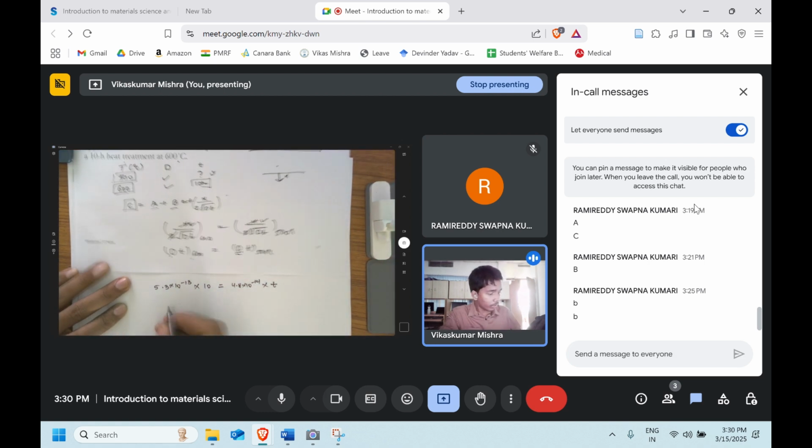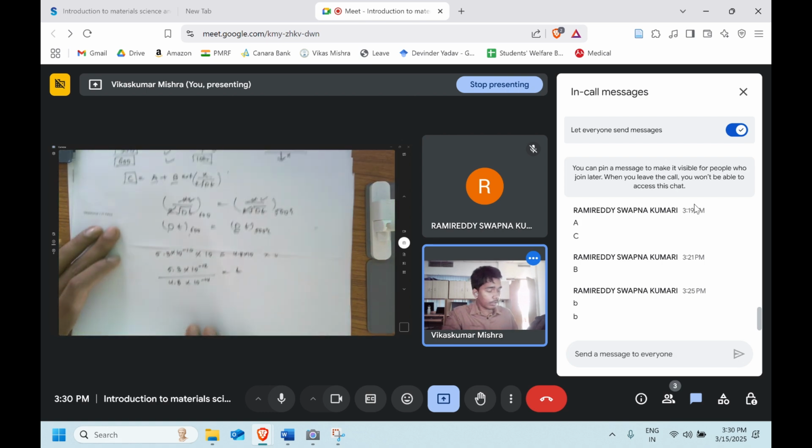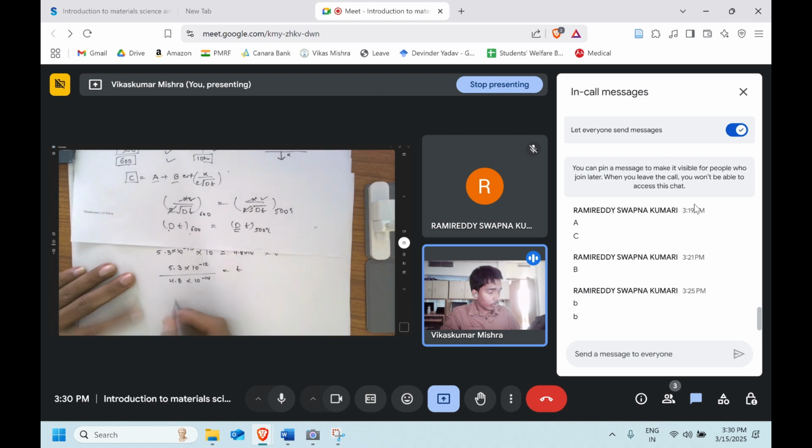Let's try to do this. We'll bring everything on this side. What I will get is 5.3 multiplied by 10 to the power of minus 12, the whole divided by 4.8 into 10 to the power of minus 40.